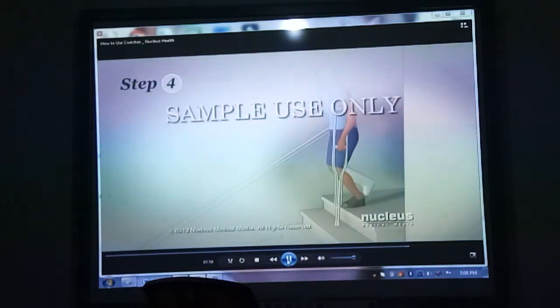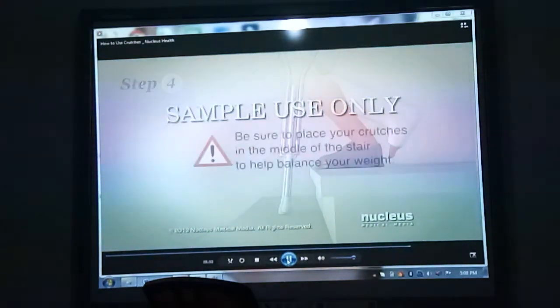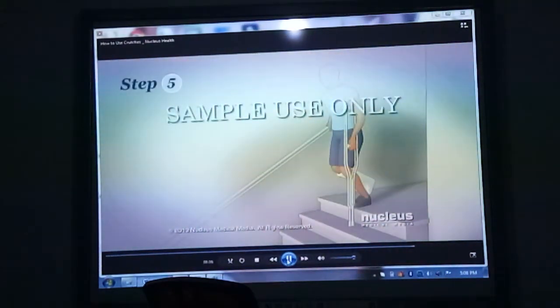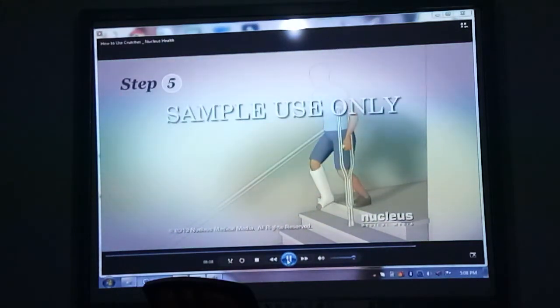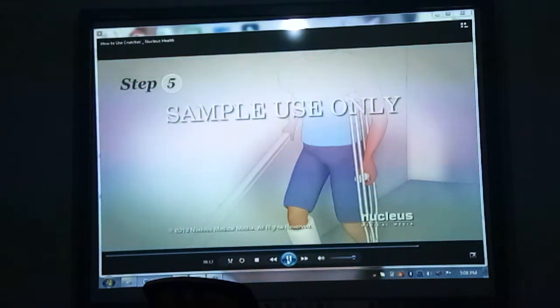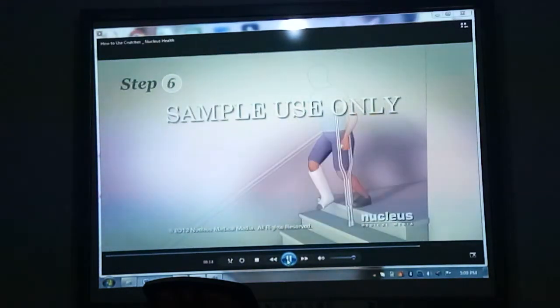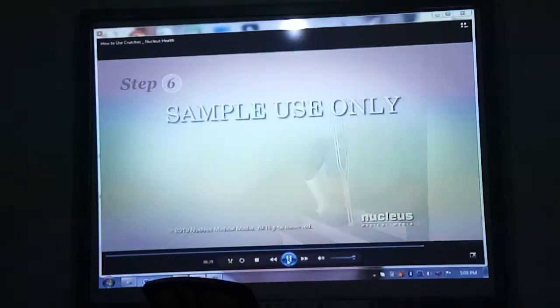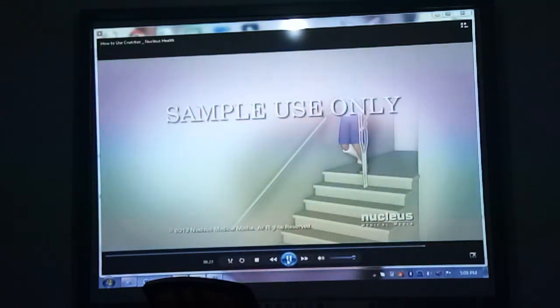Place your crutches together onto the step below. Be sure to place your crutches in the middle of the stair to help you balance your weight. Step 5. Move your injured leg forward slightly. Lean your weight on the railing and the hand grips of your crutches. Step 6. Using your uninjured leg, step down onto the next stair step. Repeat this process for each stair step.